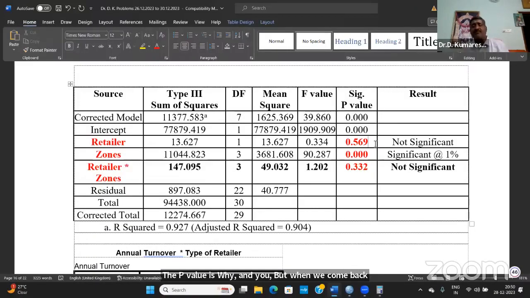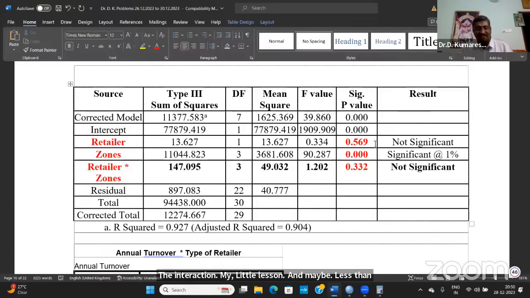So if this value, the p-value of retailer alone, is, for example, 0.142, just for example, I'm telling you, the interaction might have been a little lesser and maybe less than 0.05.